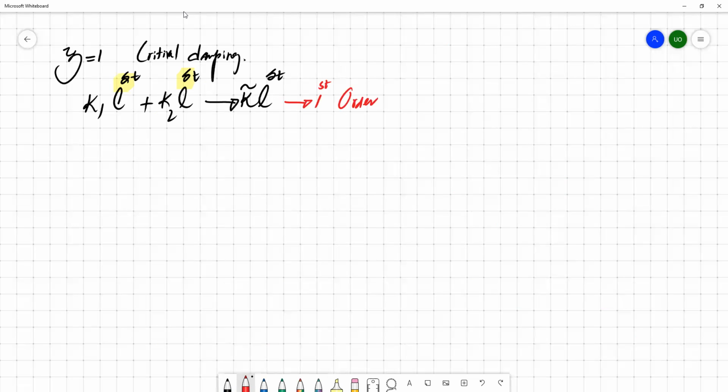To make it second order, we need to modify our trial solution. For this scenario, the trial solution would be of the form h(t) times e to the power sigma t. So instead of a constant, we have a time dependent function.